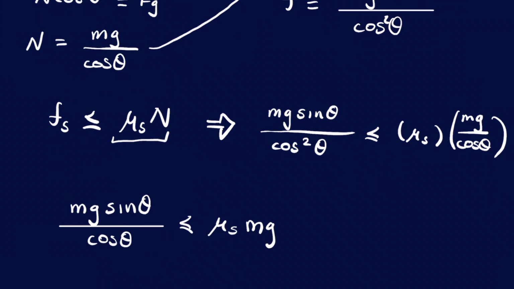So this question is a little bit tricky, but if we multiply both sides by cos theta, then this cos theta on this side will cancel out and we'll be left with just one cos theta over here instead of cos squared theta. So now if we divide both sides by mg, both of the mg's will cancel out as well.